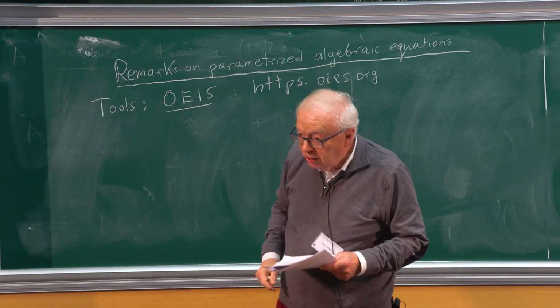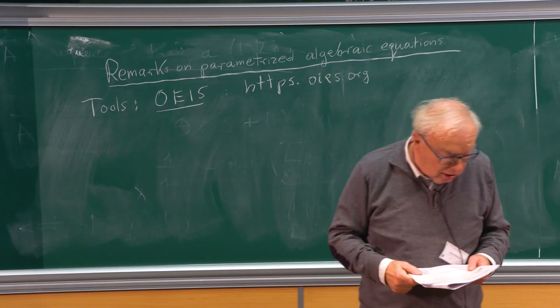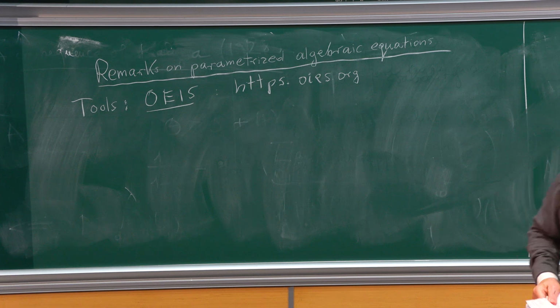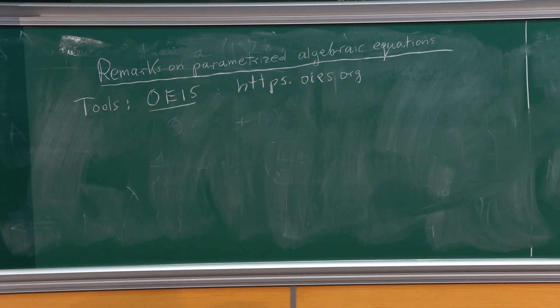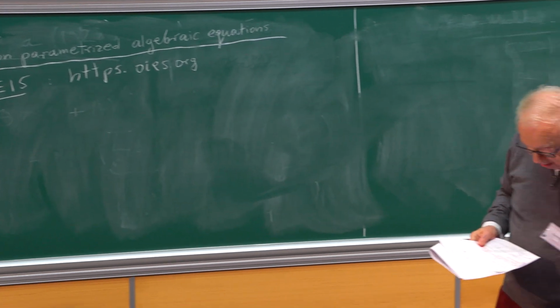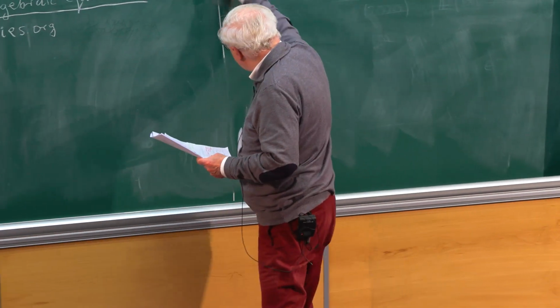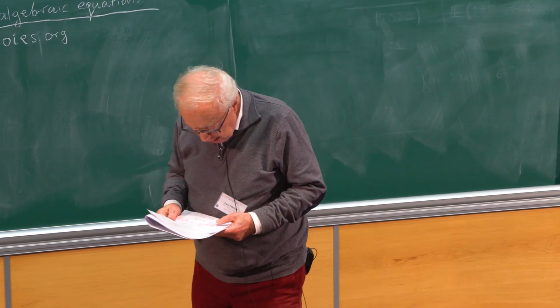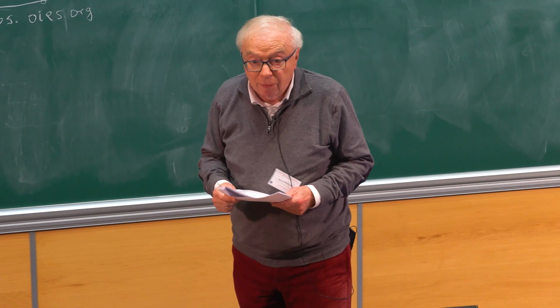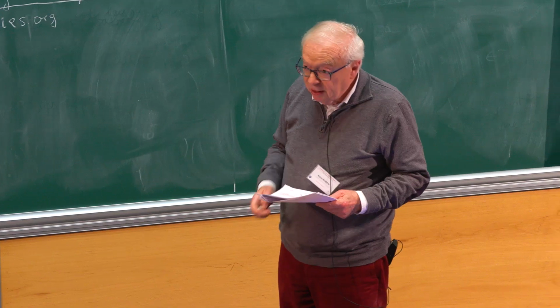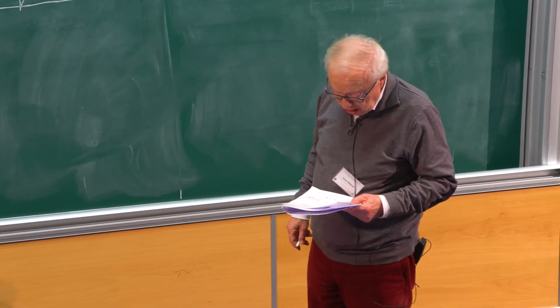And in order to be precise, I took contact with a fellow who established this electronic organization with database, Neil Sloane, on 12th of November, and he gave me the following informations.